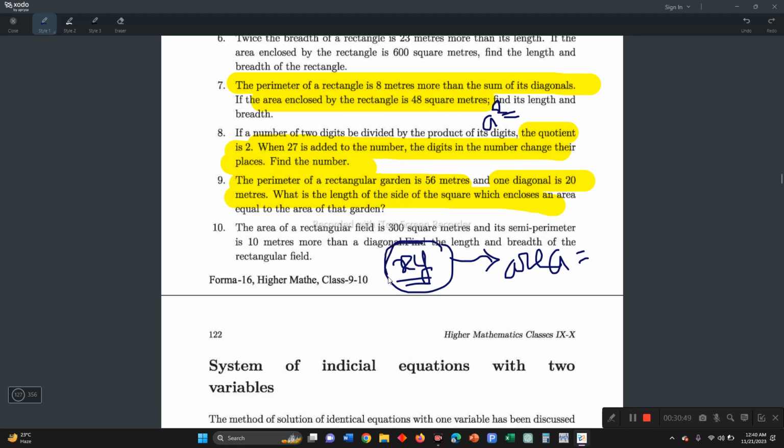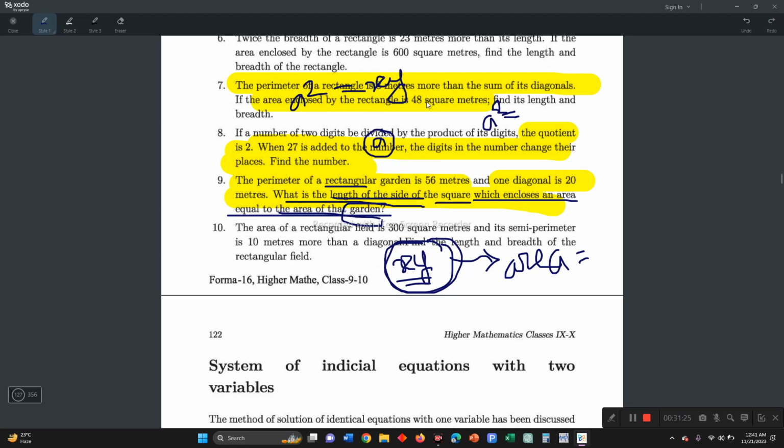That means at first we have to determine the value of xy. That will be the area of the rectangle, that means the garden. This area is equal to the area of the square. If the length of one side is a, which encloses an area equal to the area of the garden, then the area of the square will be a square, and this a square is equal to xy.